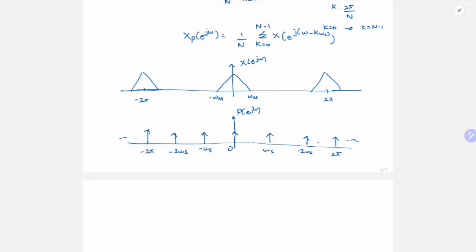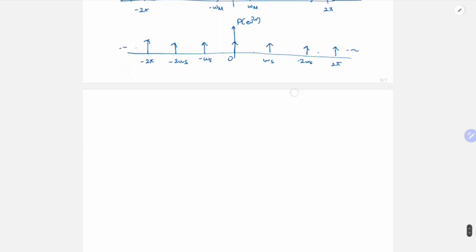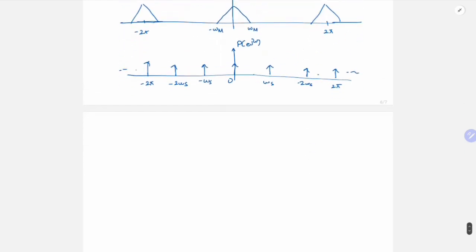And it continues. So now when I convolve these both, and it is only over an interval of 2 pi, you will take this and convolve it over an interval of 0 to 2 pi or minus pi to pi. Then I will get only these instances. Right? It will not add up and tend to infinity. That is why I am repeating. So now my Xp of e power j omega will look like this.